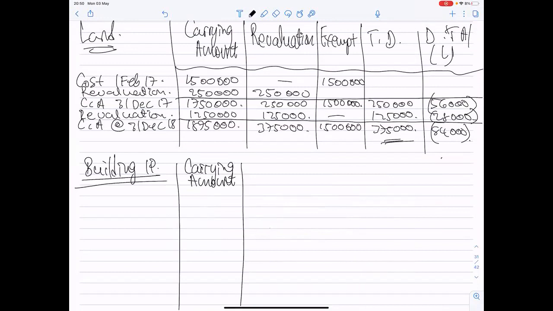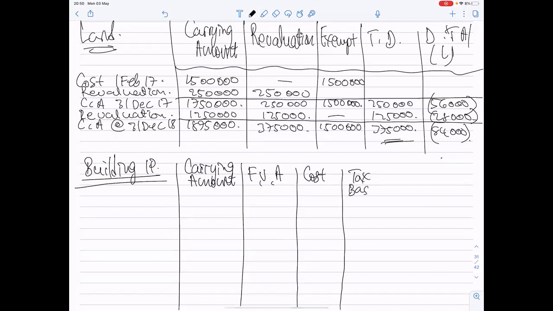You have fair value adjustment. You have the building at cost. You have your tax base. Temporary difference, deferred tax asset or liability.